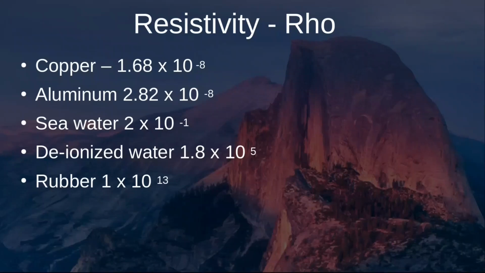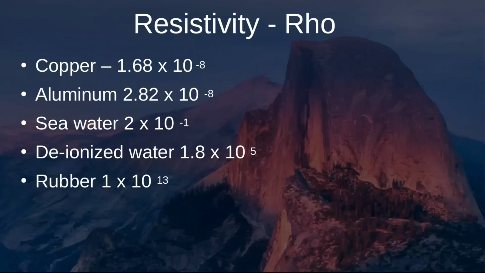Deionized water is water that's free of all ions, so it doesn't have any dissolved calcium salts, sodium chloride, or anything else. So therefore, the ability to conduct electricity is really slowed down or hampered. And the resistivity constant here is 1.8 times 10 to the fifth power. Not negative fifth power, but 10 to the fifth power.